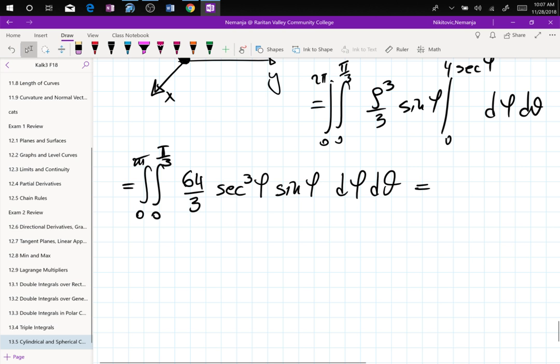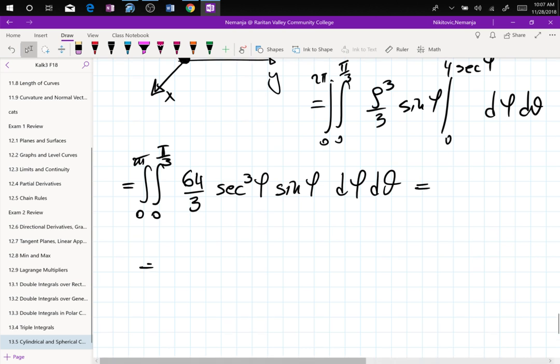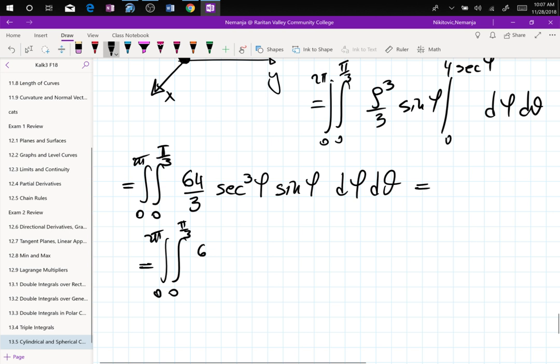So what do I convert? I convert secant into 1 over cosine cubed. And then I have my sine, cosine pairing. Cosine cubed is in the denominator, so it's an easy and cheap u sub. Good. So we don't have to use any heavy weapons over here. It's just 64 over 3. Can kick that in front if you want.